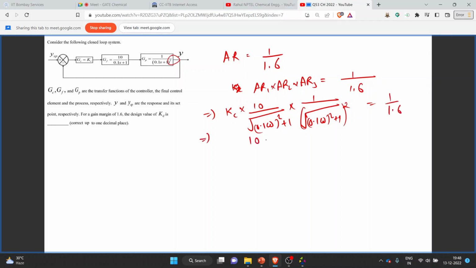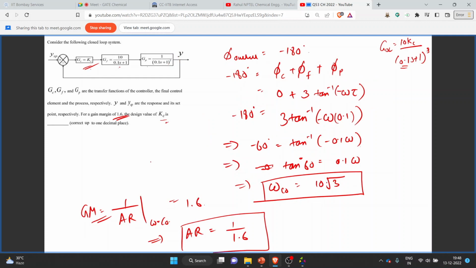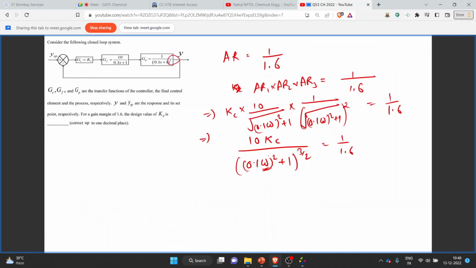Ultimately this will become 10 Kc upon ((0.1 omega) square plus 1) raised to 3 by 2, is equal to 1 upon 1.6. Now this omega value we have already calculated as 10 root 3. So we can replace it over here.